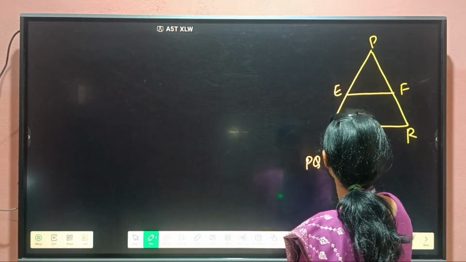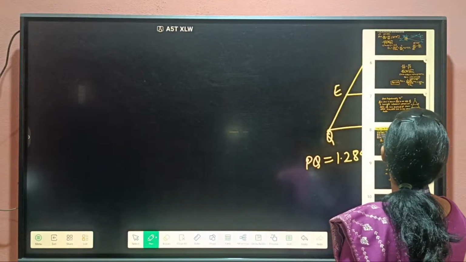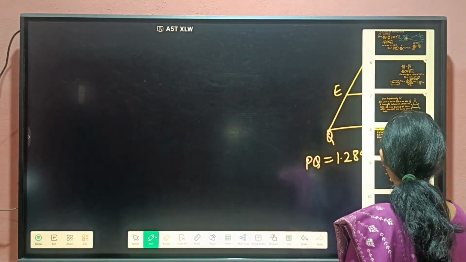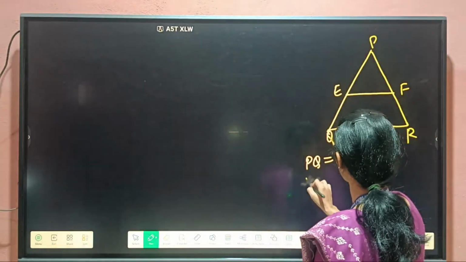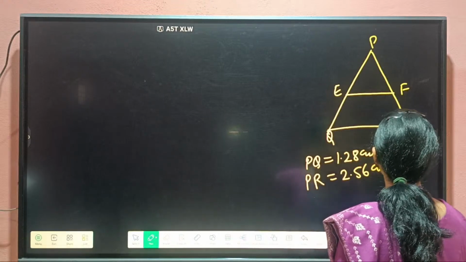PQ is 1.28 centimeter. PR is 2.56 centimeter.